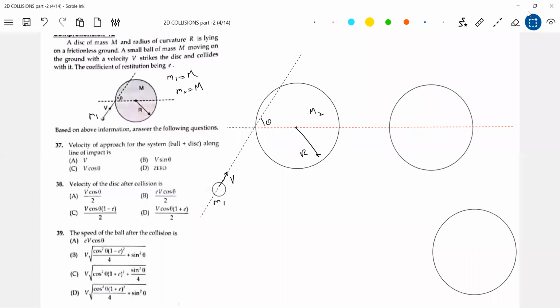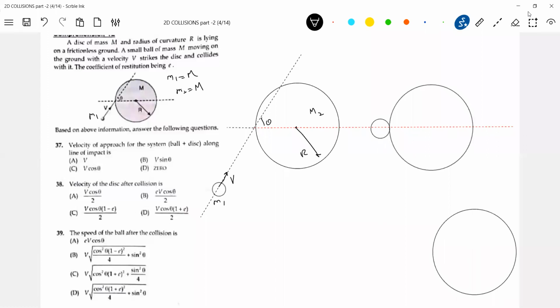This small disk will come in contact with the condition. How should the impulse act? Line of impact. We have to search for the line of impact. Along the line of impact, the impulse will be acting.